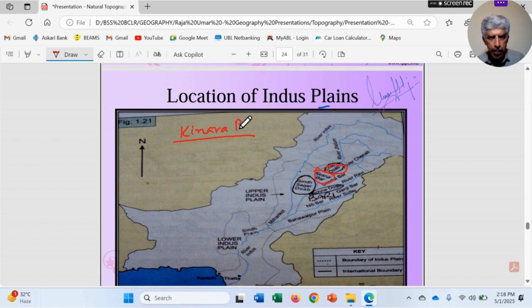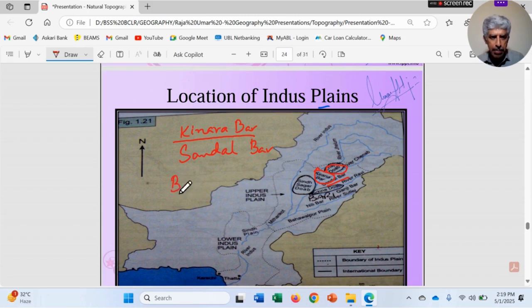Right? For Rachna Doab, between Ravi and Chenab, the bar upland is known as Sandal Bar. And for Bari Doab, here comes the role of river Sutlej as well.